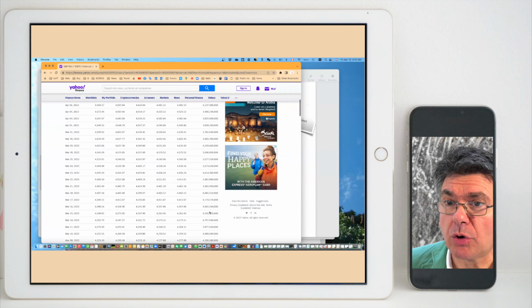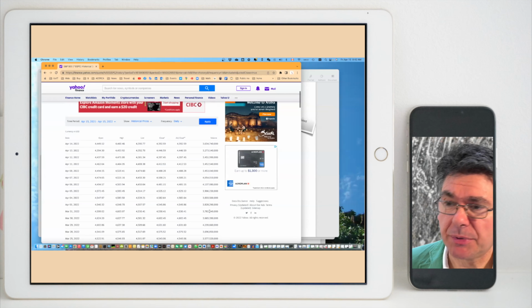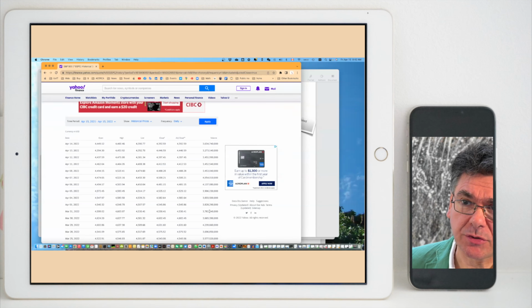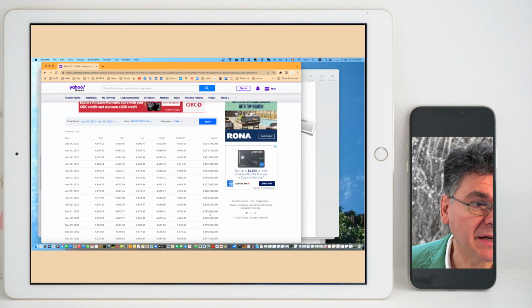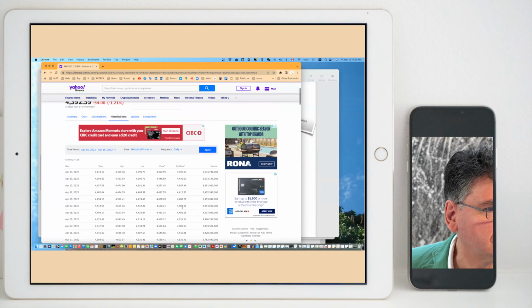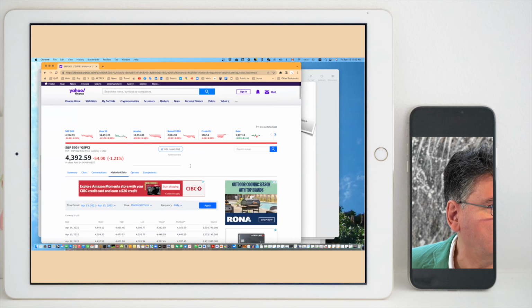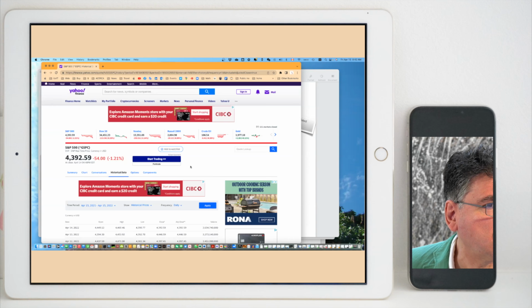It will download as a CSV file, typically a comma separated values file, CSV, that you can open in Excel. I don't know why it's not giving me the download button.